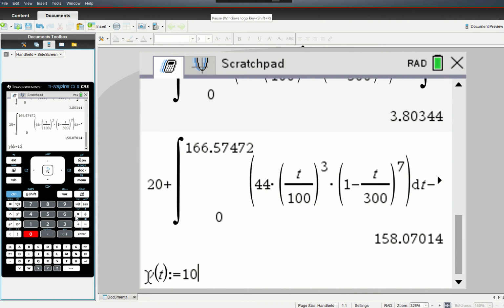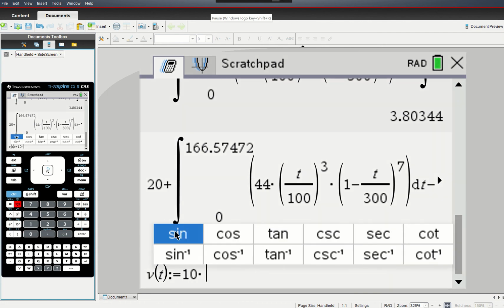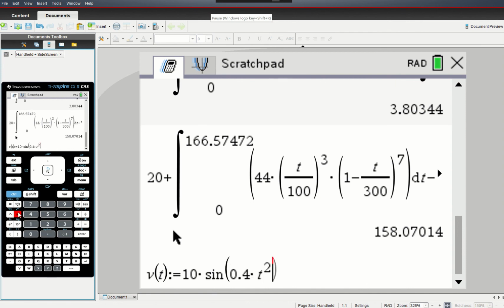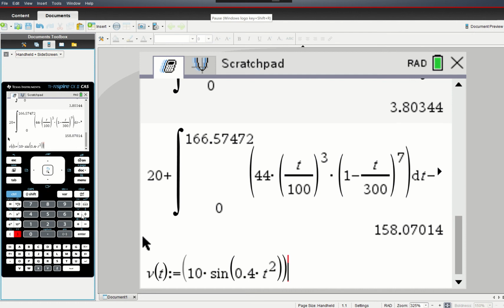We have 10 times sine of 0.4 times t squared, and we're going to divide all of that. I probably should have used parentheses. We're going to divide all of that by the function t squared minus t plus 3.